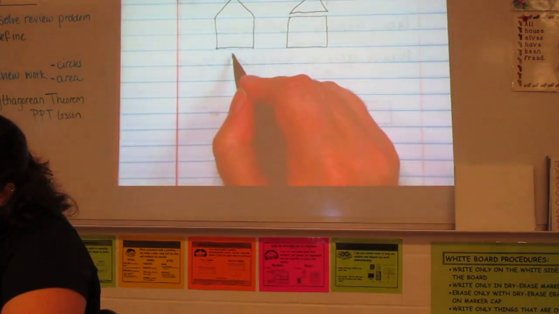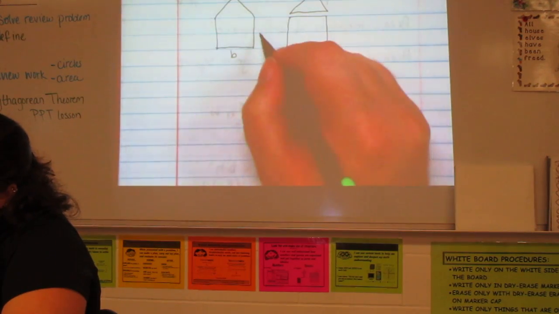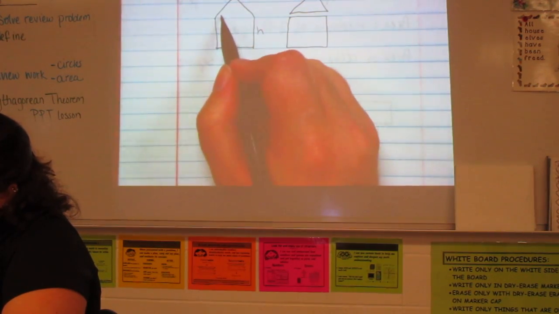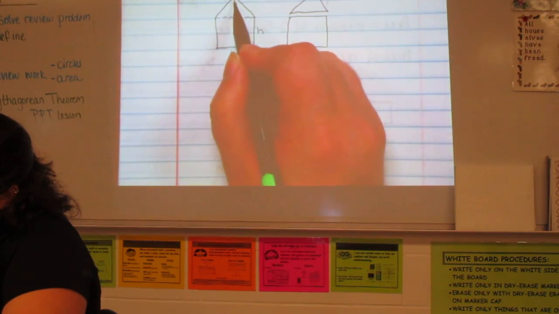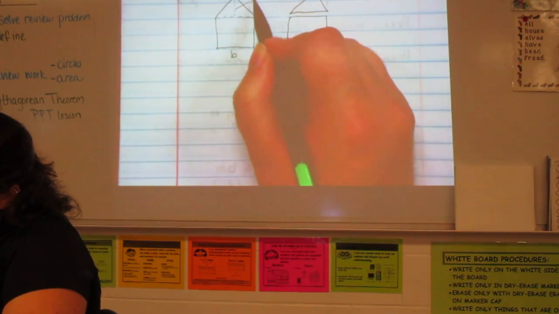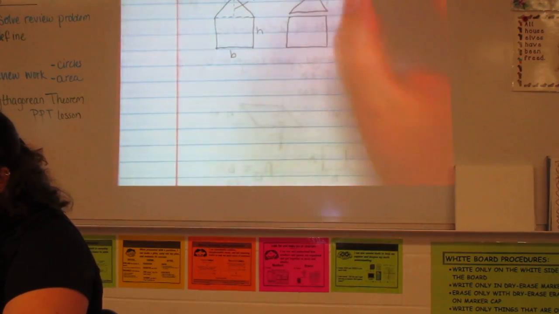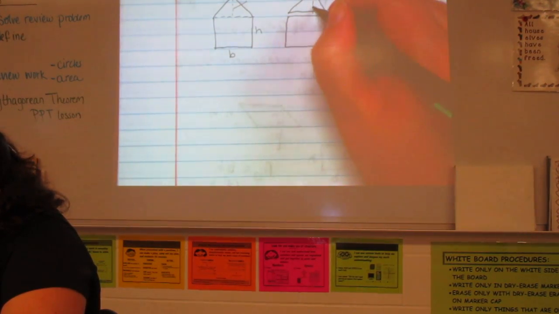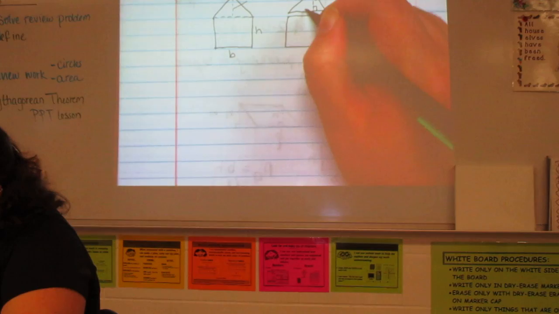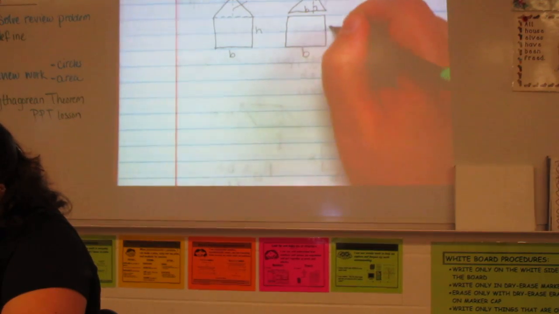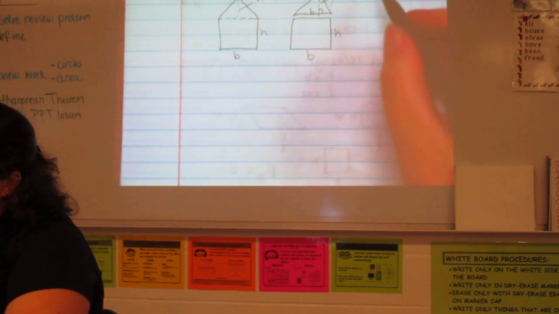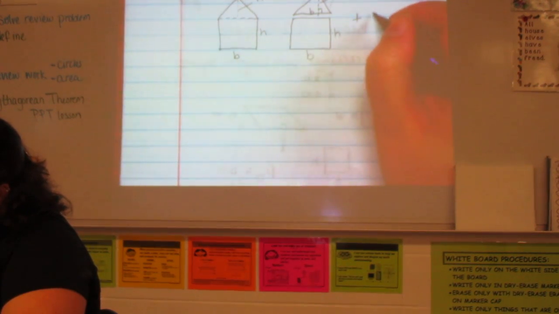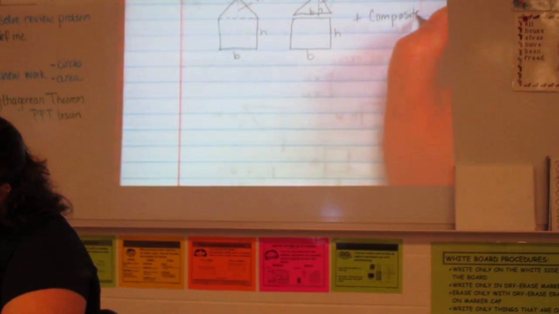If I were given measurements for that, I would use them to find the area of the separate pieces and then add them together for the composite area.